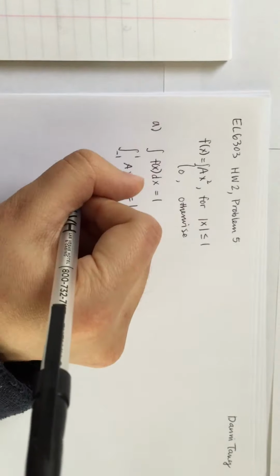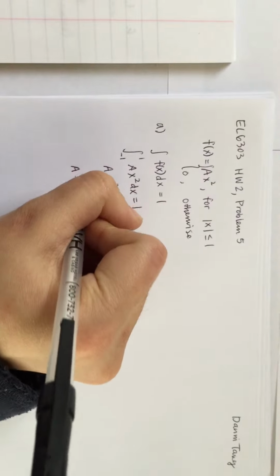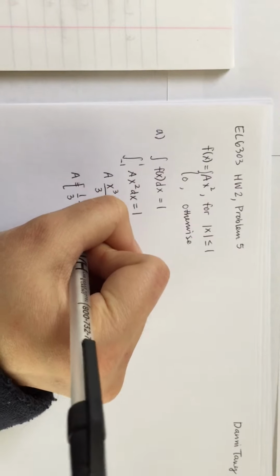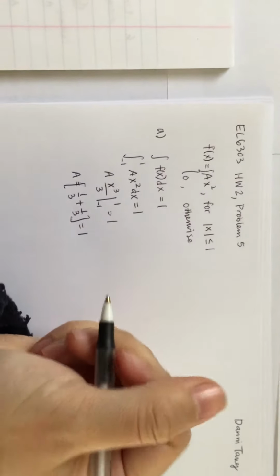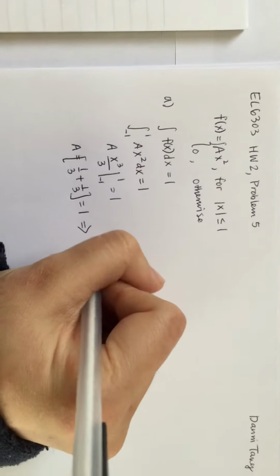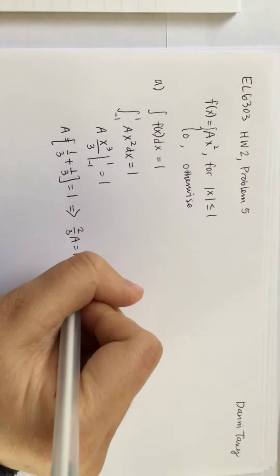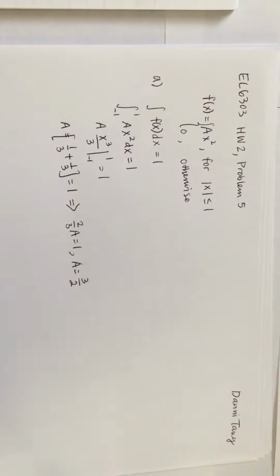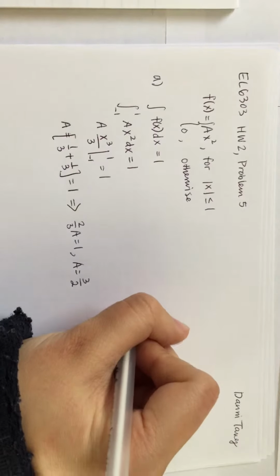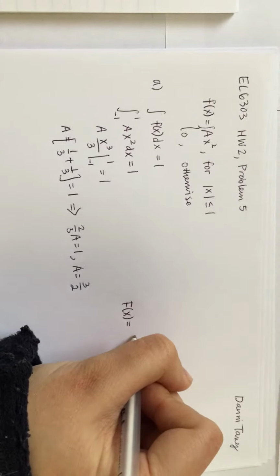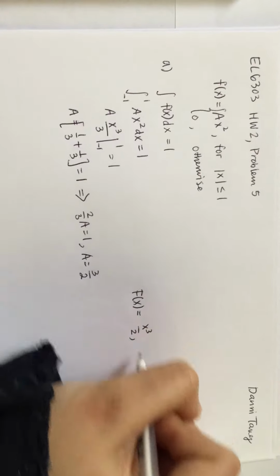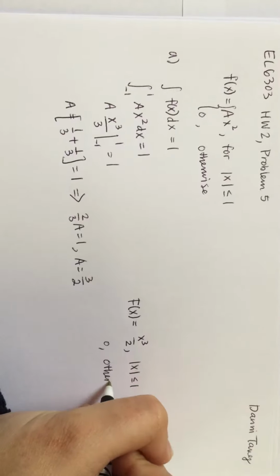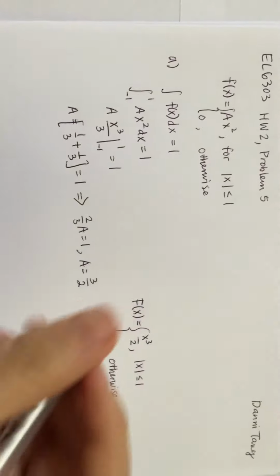So a times 1/3 plus 1/3 equals 1, and then 2/3 a equals 1, so a equals 3 over 2. That means the density function will look something like this, and 0 otherwise. So we find that a is 3 over 2.